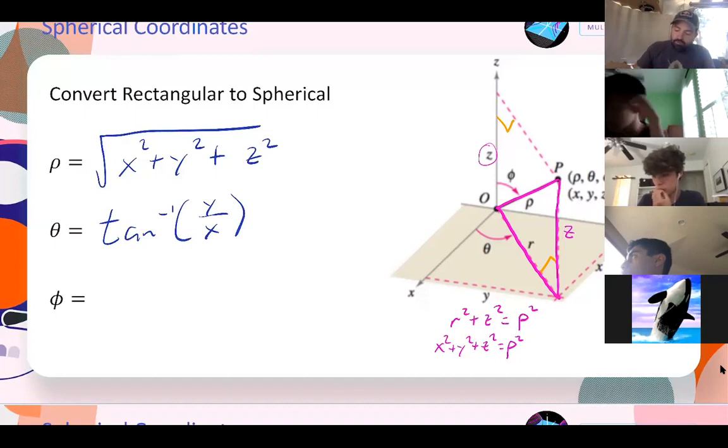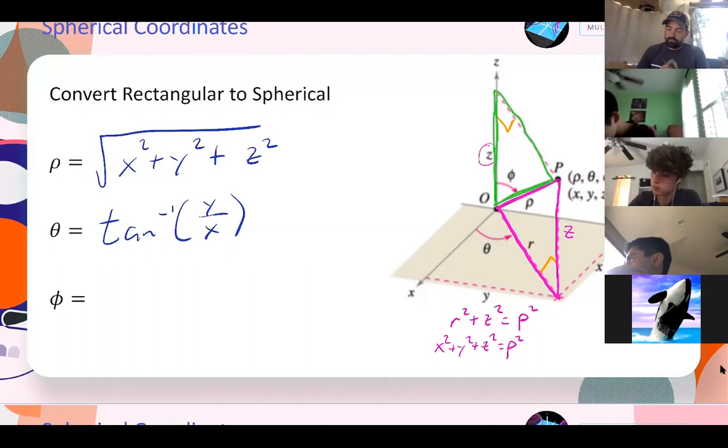For phi, I'm going to look at this triangle. I'm going to use that the cosine of phi should be the adjacent side z over the hypotenuse rho.